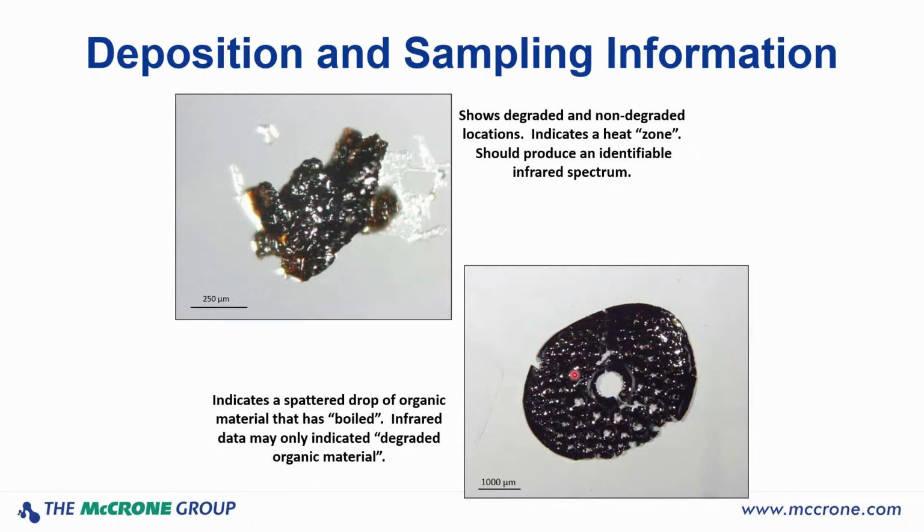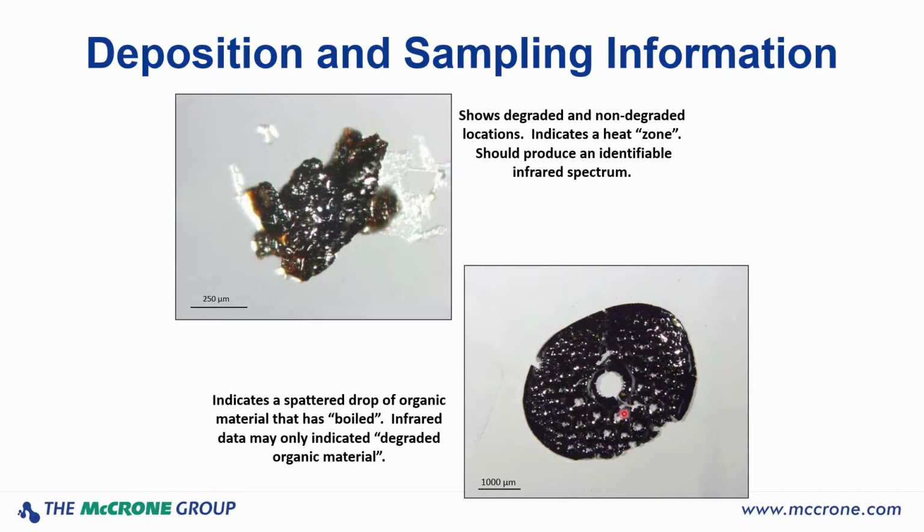This lacy area is where boiling has occurred, and this is a very characteristic center core area where you've had boiling. This particle was a spatter or a droplet of material that's either been on the surface for a very long time or an extremely hot surface so that it boiled very, very rapidly.